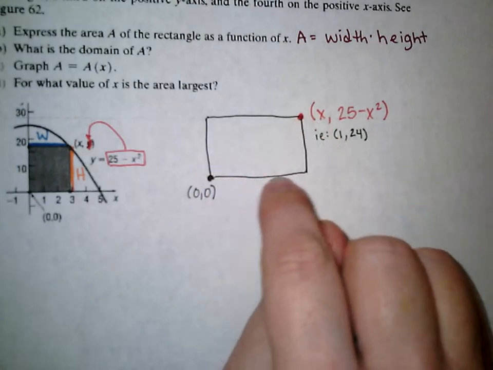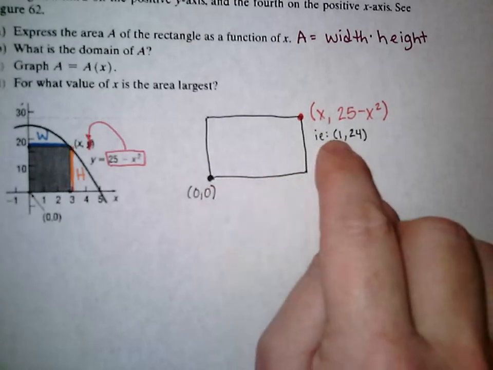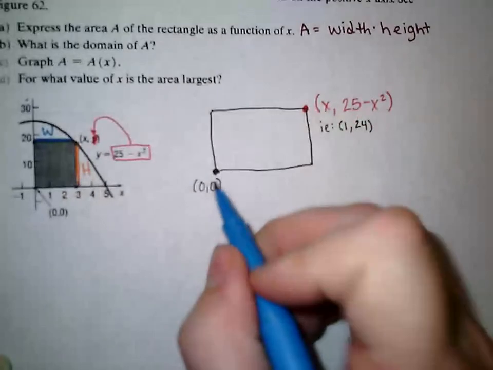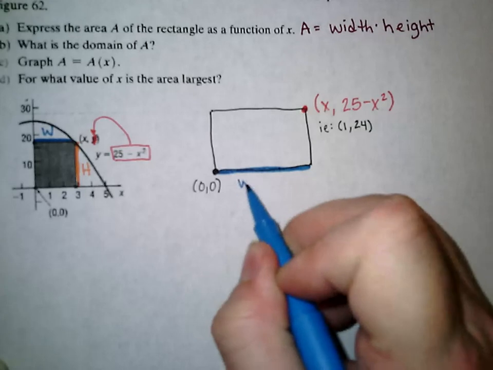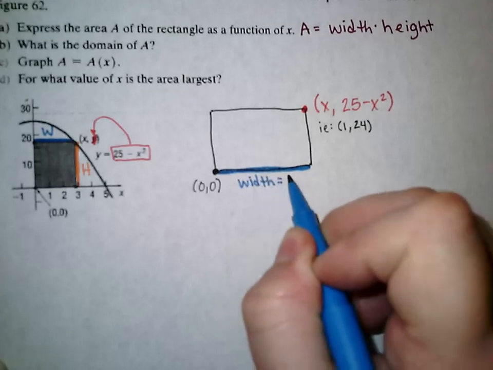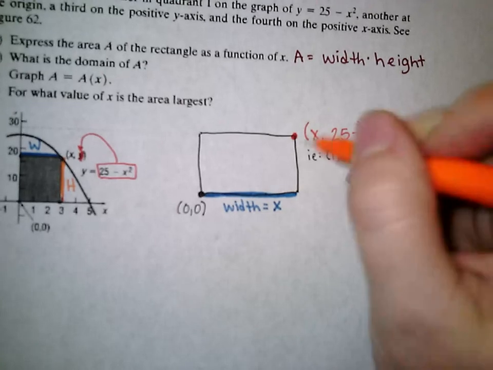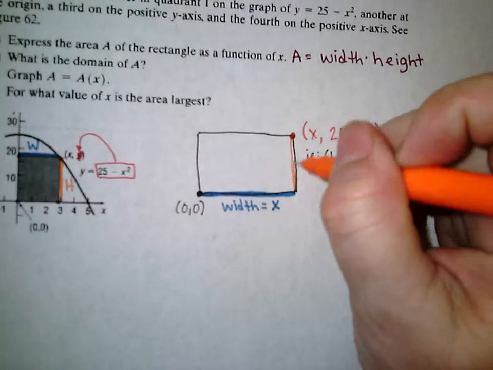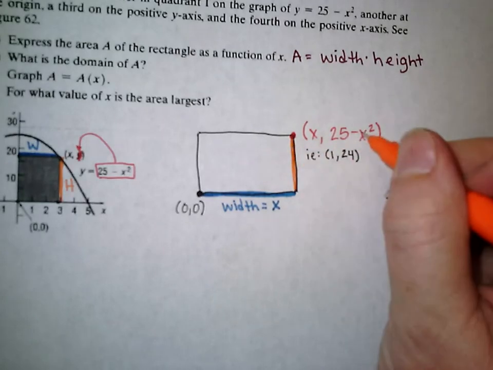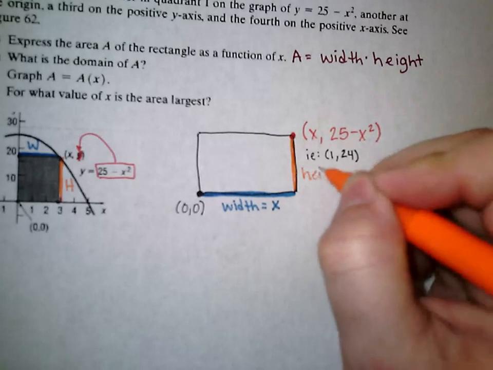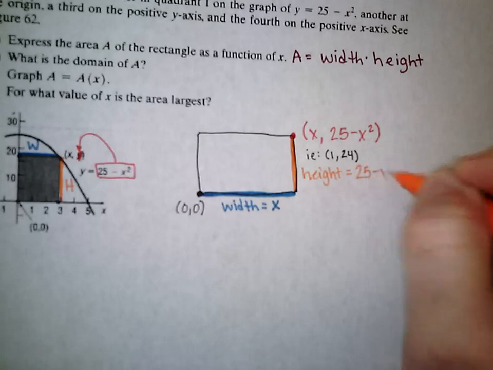So we should be able to see that this width of that rectangle is going to actually be the x value of that ordered pair. So along here, the width of our rectangle is going to equal x. And then to get up to that ordered pair, we would go up 24, which would be our y coordinate. So the height of our rectangle is going to be the y coordinate, 25 minus x squared.